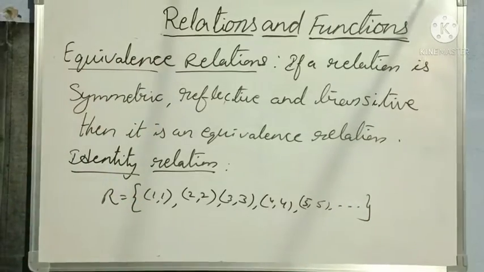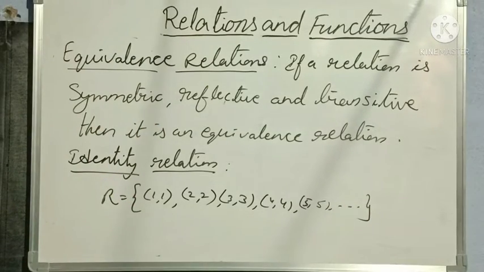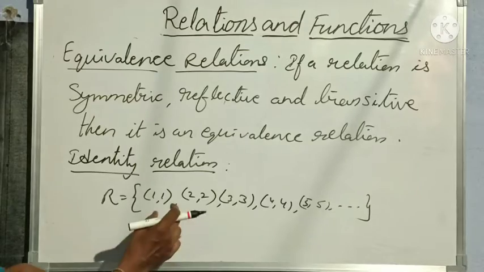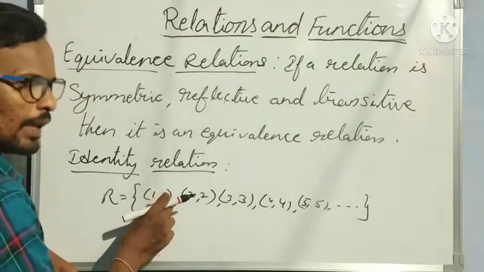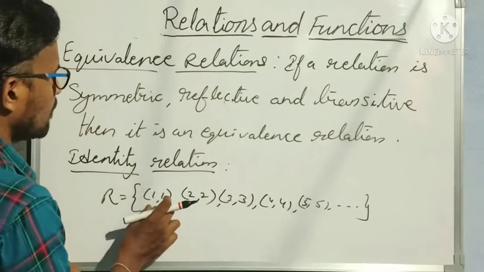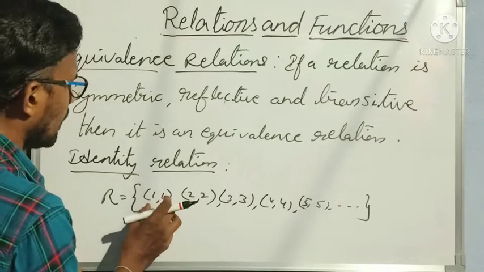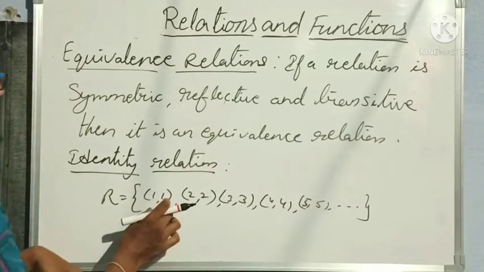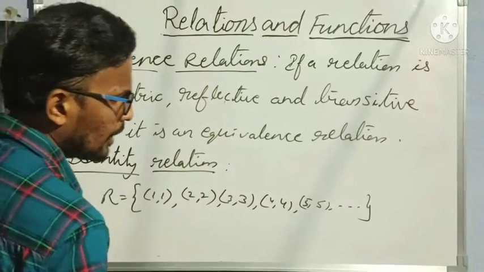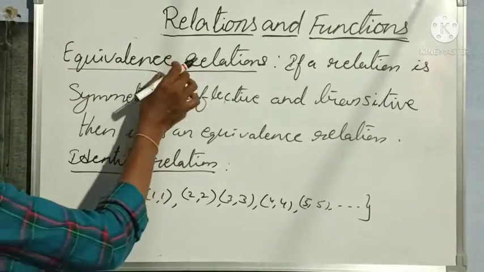This relation is an identity relation. Identity means here the image of 1 is 1 and the pre-image of 1 is also 1. Every element is mapped to the same element. Such a relation is called an identity relation, and this is the best example of an equivalence relation.